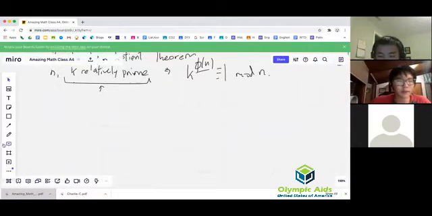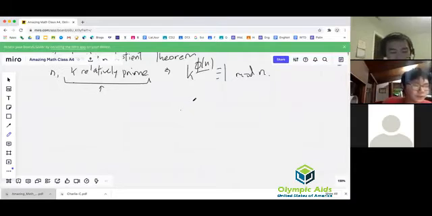Just a reminder about totient: it's the number of integers less than n that are relatively prime to n. So I'm going to go through a proof for the Totient Theorem. I looked it up earlier, and this proof is a lot simpler than I thought it was going to be. It's pretty cool.